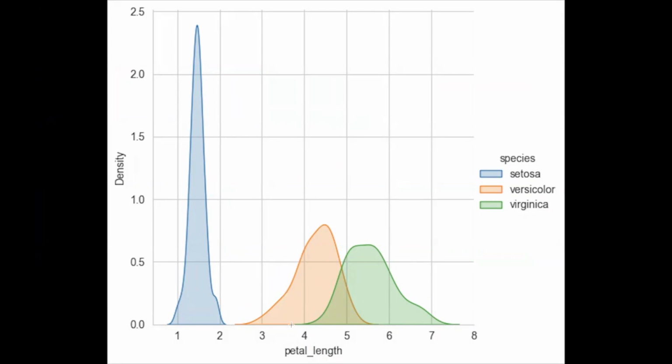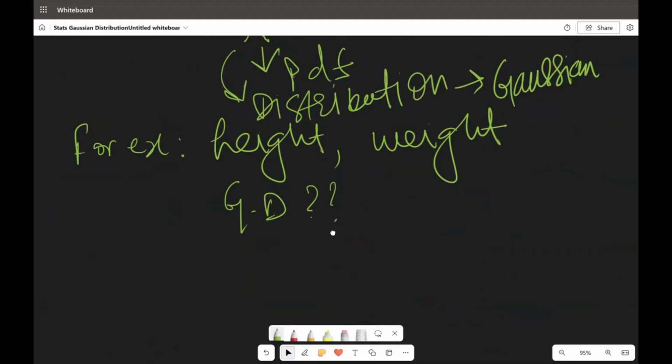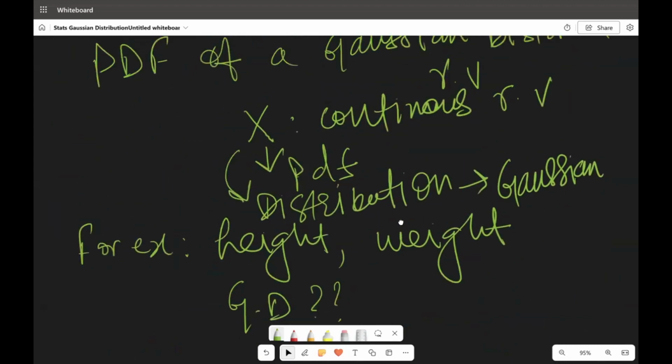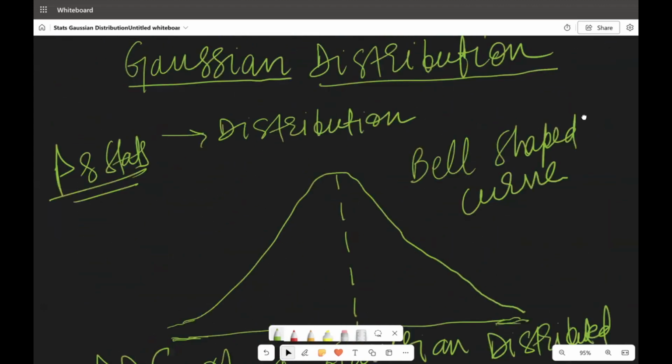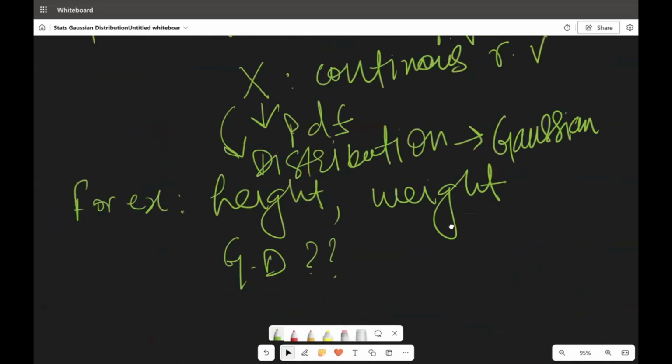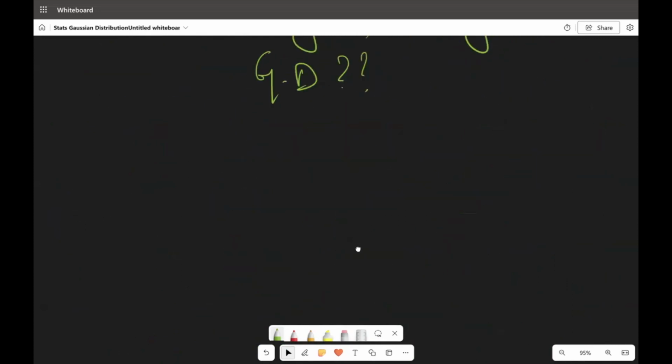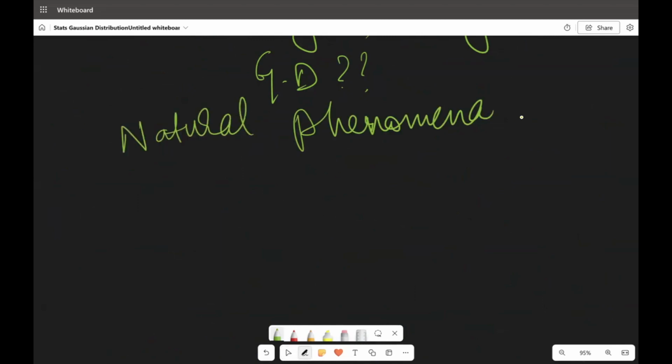Similarly, this petal length also follows the Gaussian distribution, which are actually measurements of petals of a real flower. If you look at the sepal length, it will also look like a Gaussian distribution. They all seem to look like bell curves. We will see whether they are Gaussian distributed or not a little later, but for now, they all look like bell-shaped curves, right?